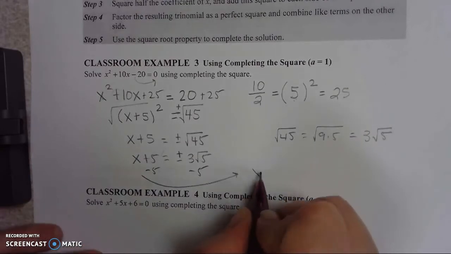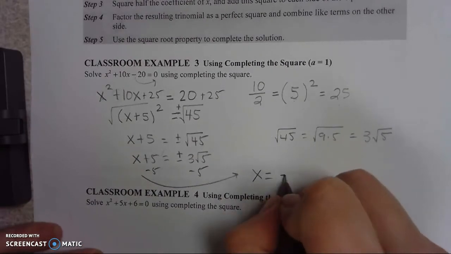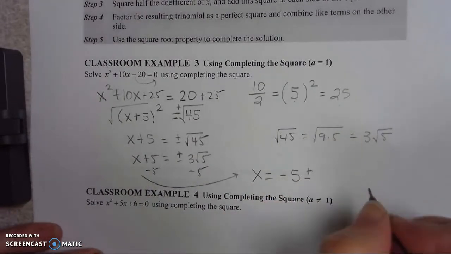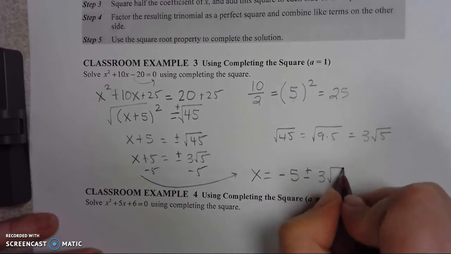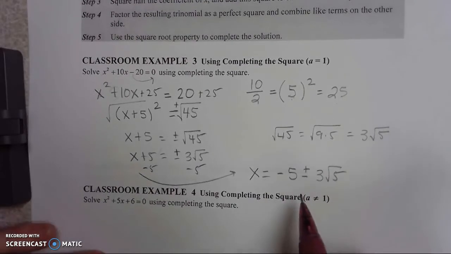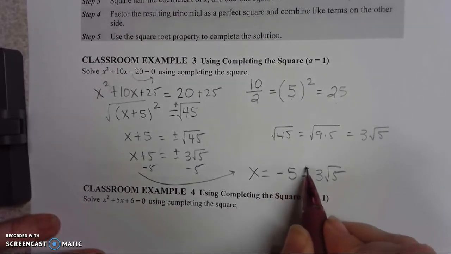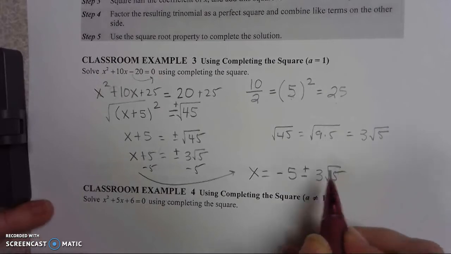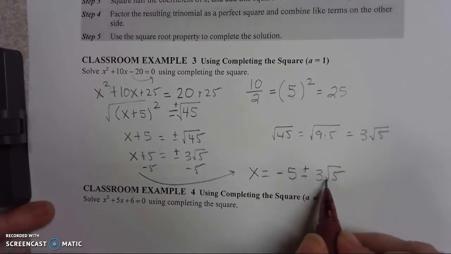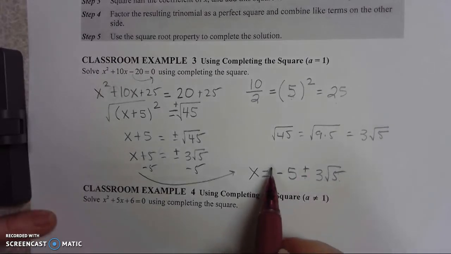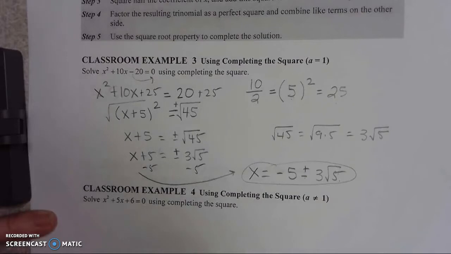The answer would be x equals negative 5 plus or minus 3 square roots of 5. And I would have two answers, negative 5 plus 3 square roots of 5 and negative 5 minus 3 square roots of 5. Notice there are no decimals in my answer.